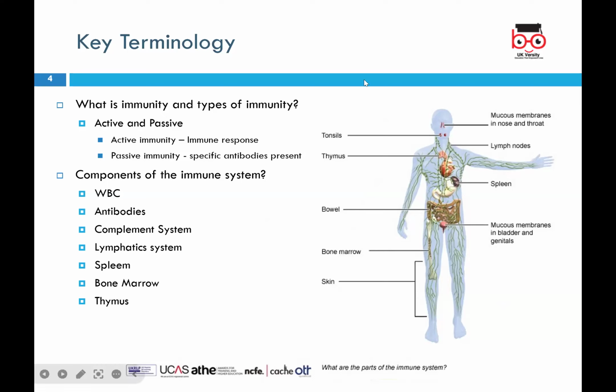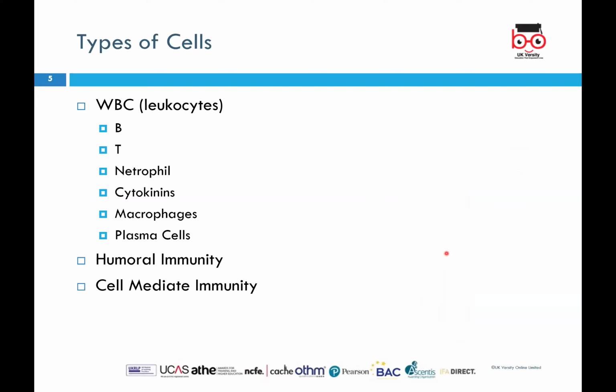The components of our immune system comprised white blood cells, antibodies, the complement system, lymphatics, the spleen, the bone marrow, and the thymus. All of these are shown over here. So these are basically 7 to 8 different immune systems that work.